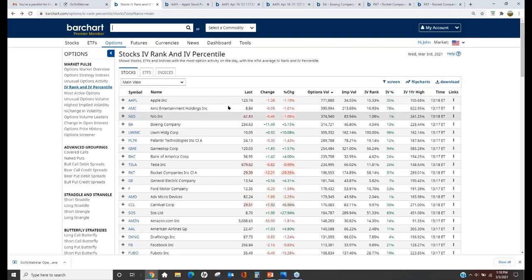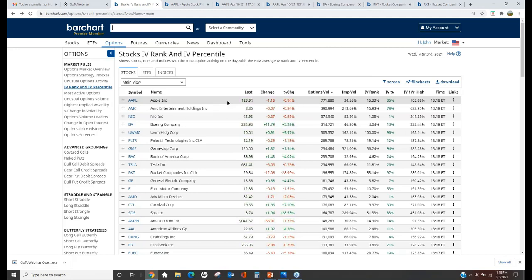Now, Apple is always at the top, or in the top 5 or 10, on this page because Apple is one of the more highly traded options securities. You can see that, compared to what we're seeing today, the Apple options market is traded almost double the next one, and certain other securities will pop up onto our screen depending on how much options volume.